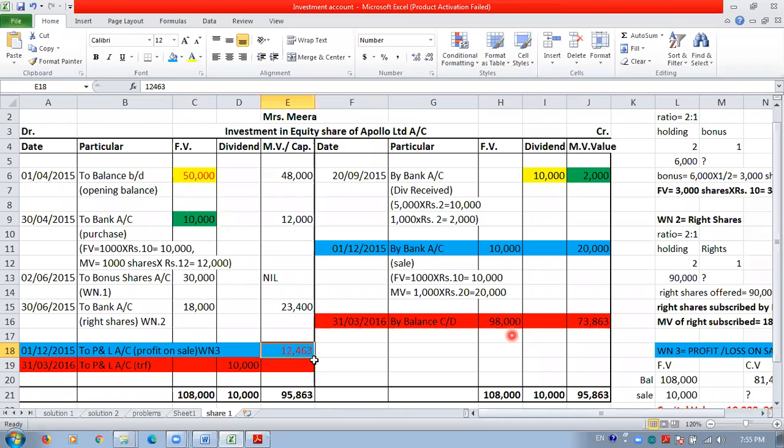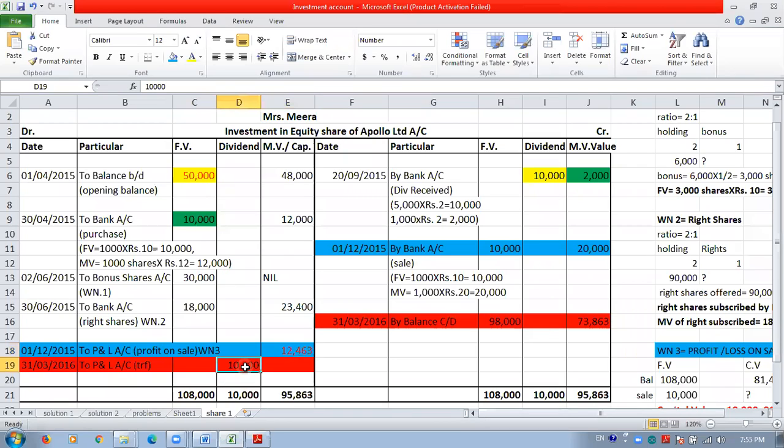Then close this dividend column. In the dividend column we already have 10,000 on the credit side. We total this 10,000 and write it on both the debit and credit sides in the total column. Then the balance 10,000 is transferred to profit and loss account. So dividend is transferred to profit and loss account, 10,000 here.